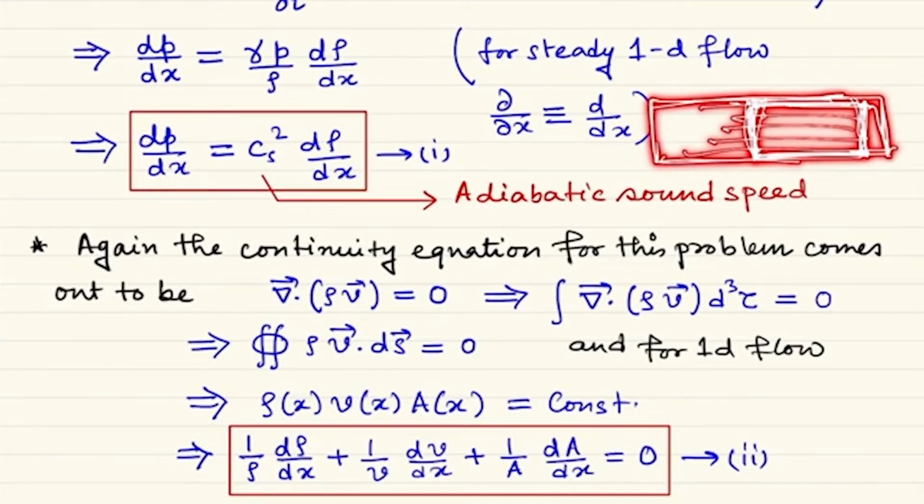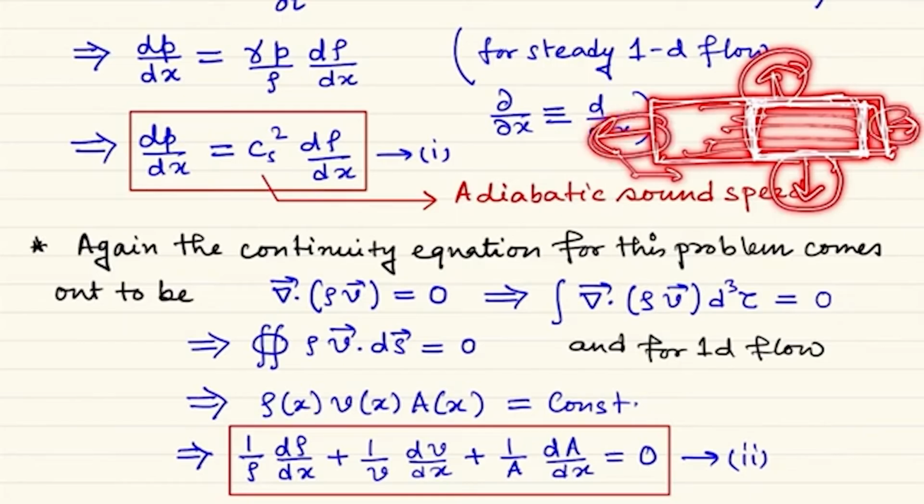Now, if you remember, surface area vectors are basically the vectors which are normal to the surface. So the dot product with the velocity, because the flow is essentially along the x direction, will vanish for these two surfaces, and only these two surfaces will survive.